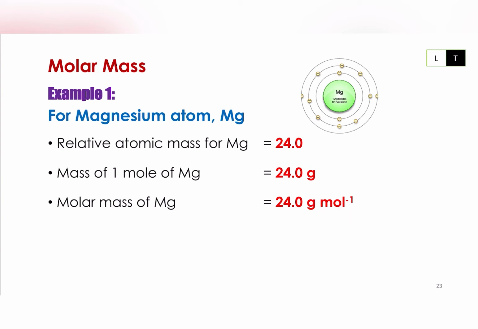Last but not least, for the number of magnesium atoms in 24 gram of magnesium, which is 1 mole of magnesium, I will write 6.0 × 10^23 magnesium atoms. So this is how you relate molar mass with relative atomic mass, with mole, and with mass.